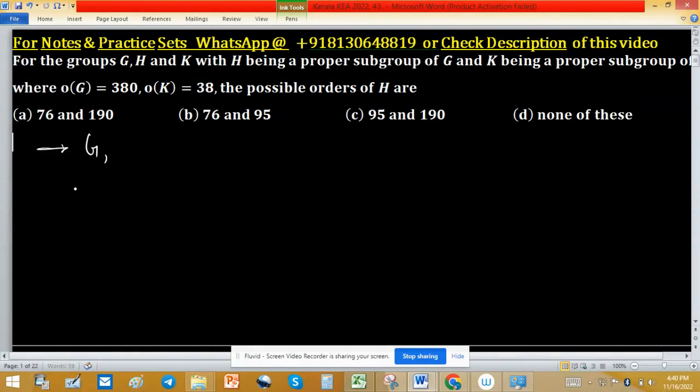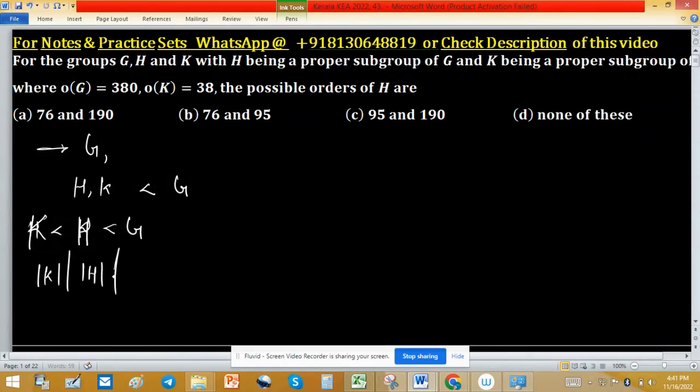K is a proper subgroup of H and H is a proper subgroup of G. By Lagrange's theorem, we know that the order of a subgroup always divides the order of the group. It means that order of K will divide order of H and order of H will divide order of G.